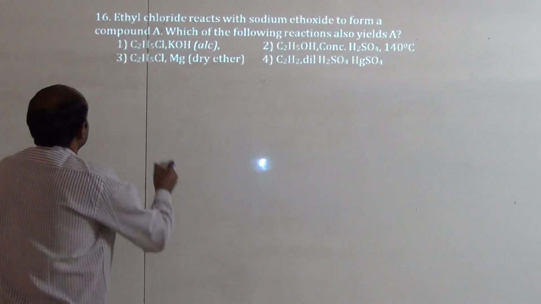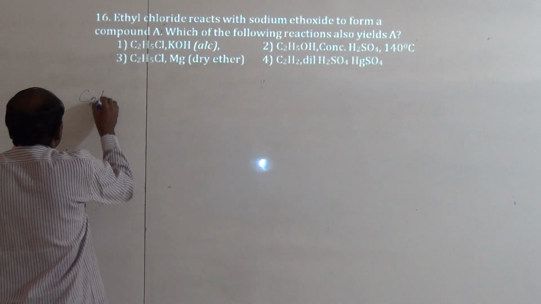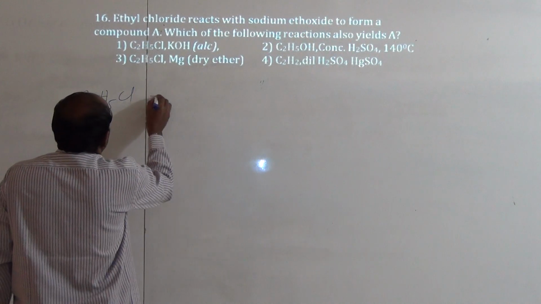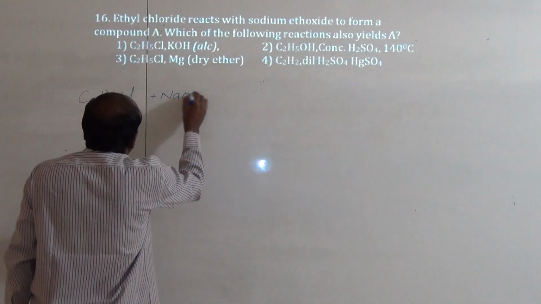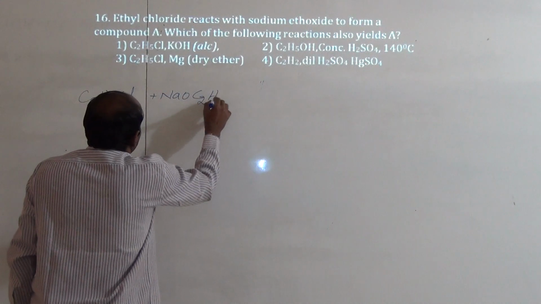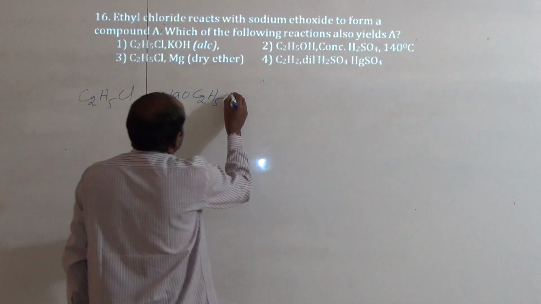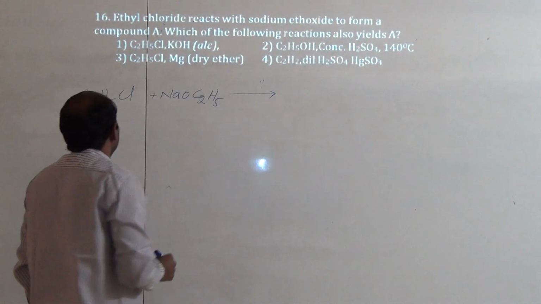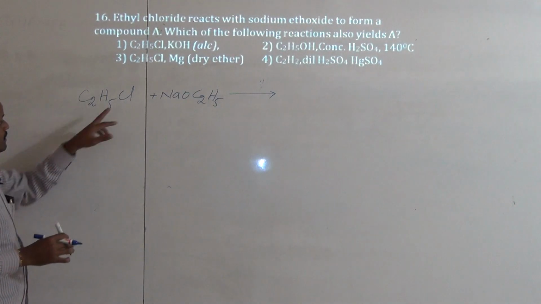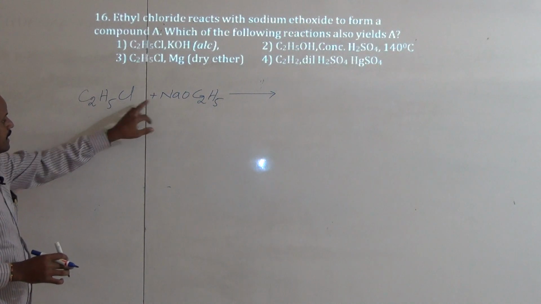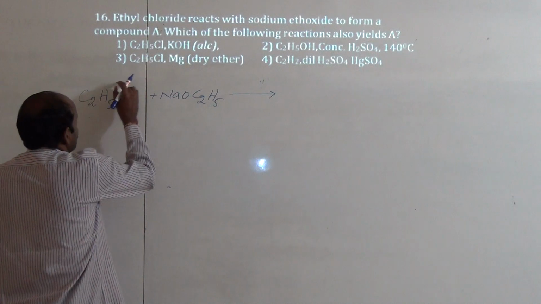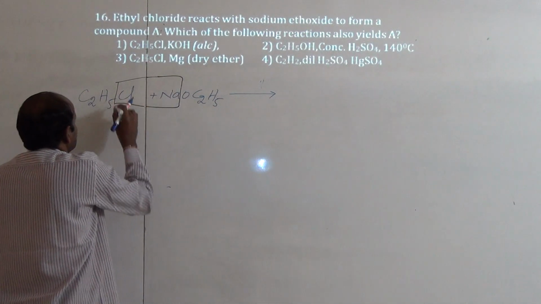Ethyl chloride, C2H5Cl, reacts with sodium ethoxide. What is the formula of sodium ethoxide? NaOC2H5. Then it gives one compound A. What is the name of this reaction? Ethyl chloride reacts with sodium ethoxide. It is the Williamson's synthesis. And here NaCl is removed, no?